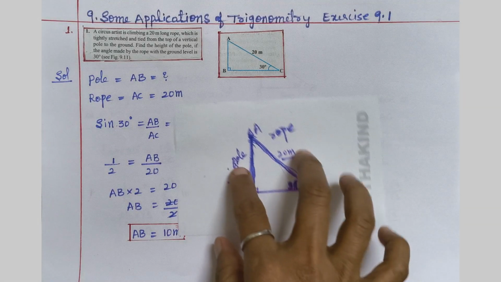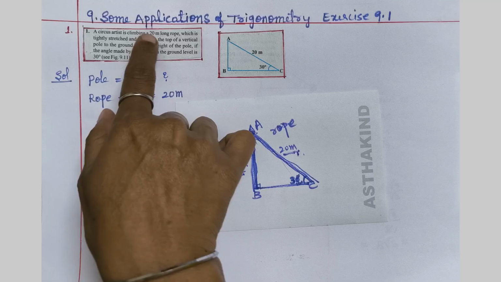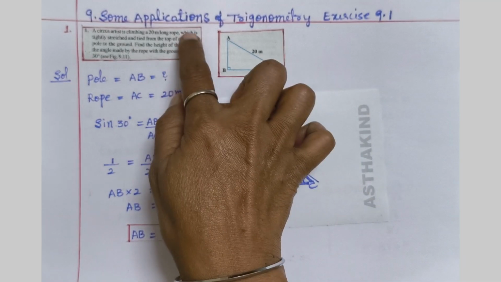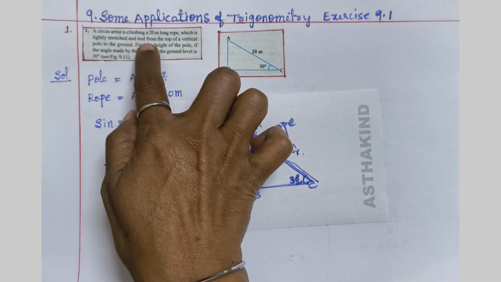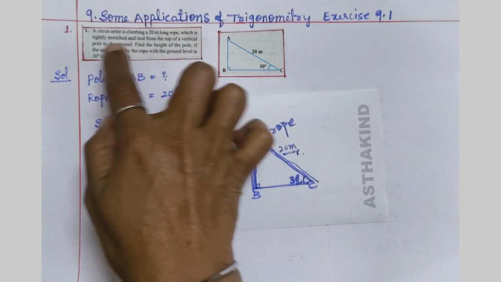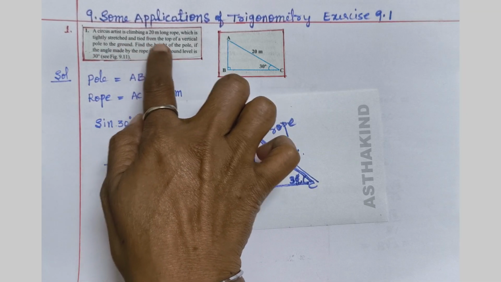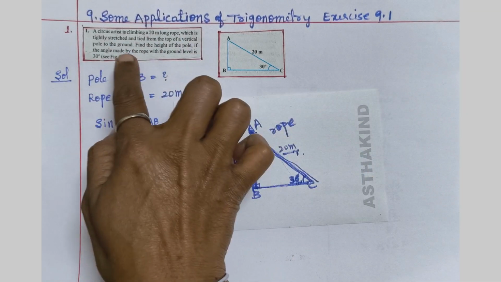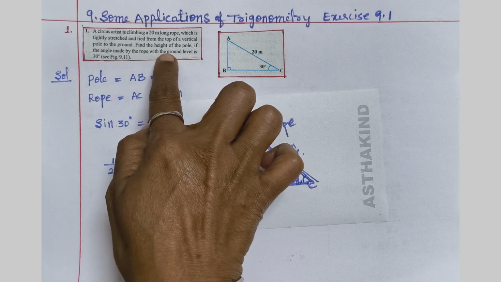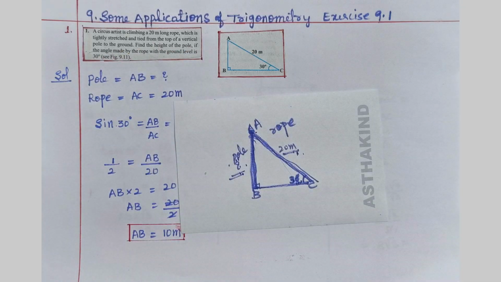Now first question. A circus artist is climbing a 20-meter long rope which is tightly stretched and tied from the top of the vertical pole to the ground level. Find the height of the pole if the angle made by the rope with the ground level is 30 degrees. It is already given in the question diagram also. Carefully listen to what is given.